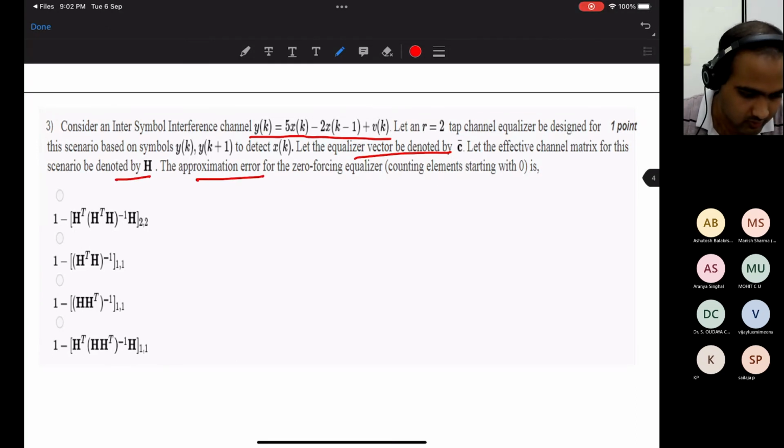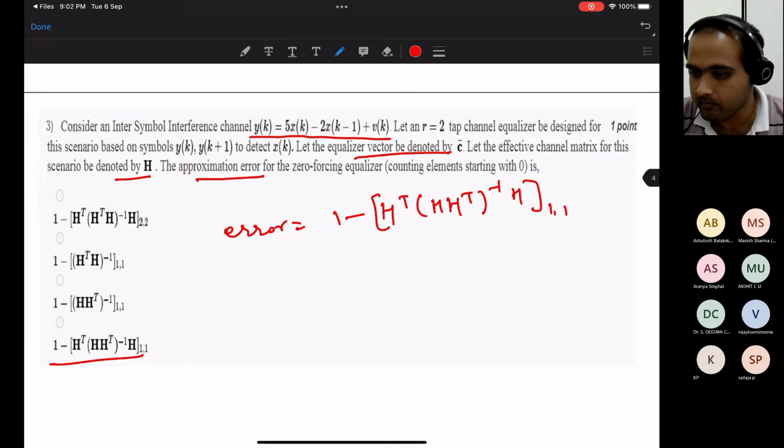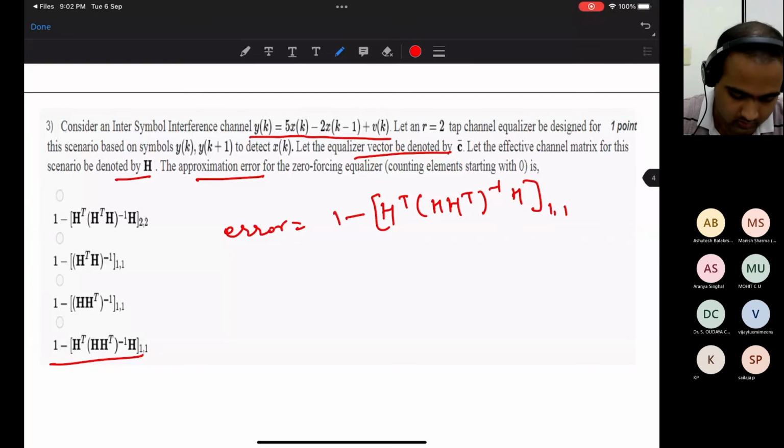So I will use this straightforward. This was derived in class. So our approximation error is 1 minus H transpose H transpose inverse H, and this is 1 comma 1. So this is our answer, right?